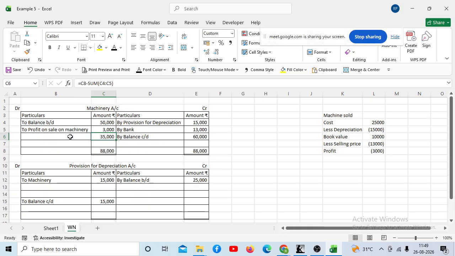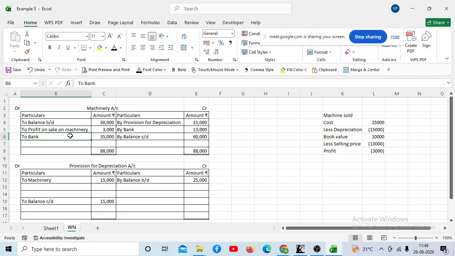Now this 35,000 is to be written as to bank. To bank means money is going out, and that means we are purchasing machinery. Am I right? Yes.